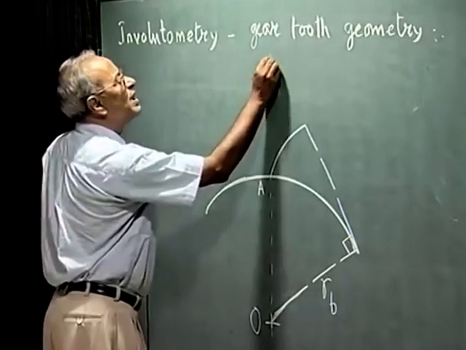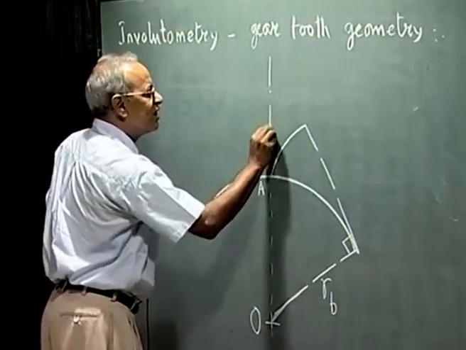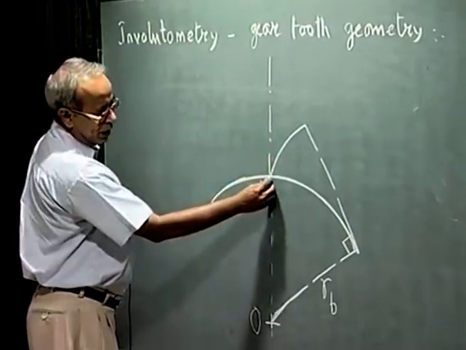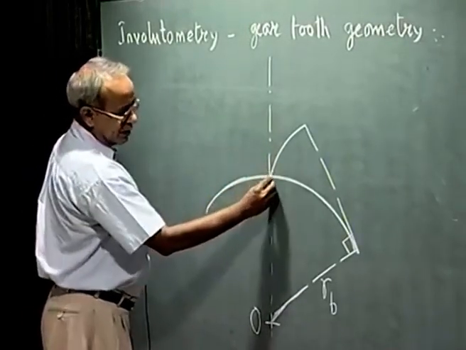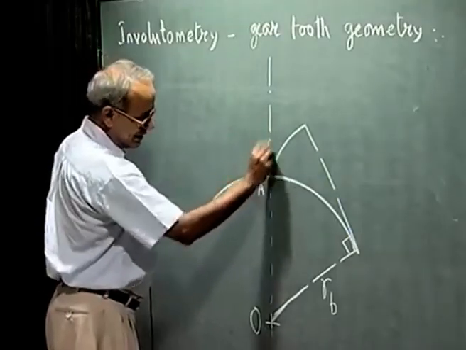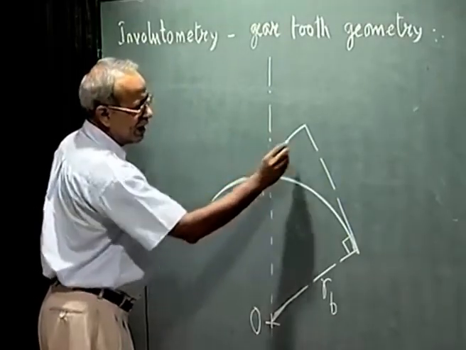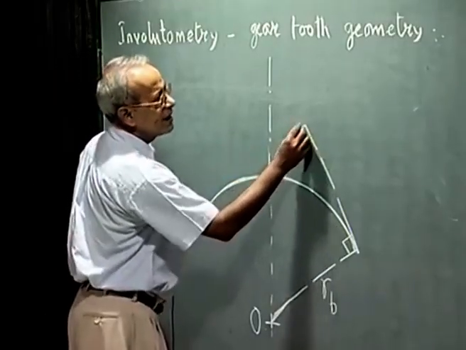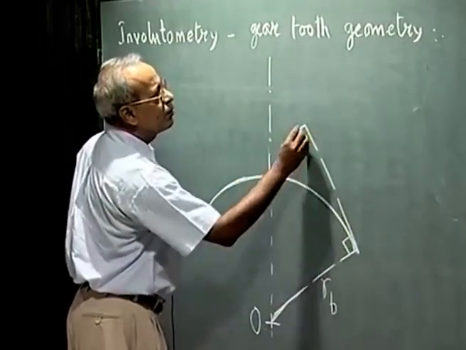Now, at this point the involute takes off radially. So, this radius is tangent to the involute at this instant, and at this configuration this is the string which is perpendicular to the involute.